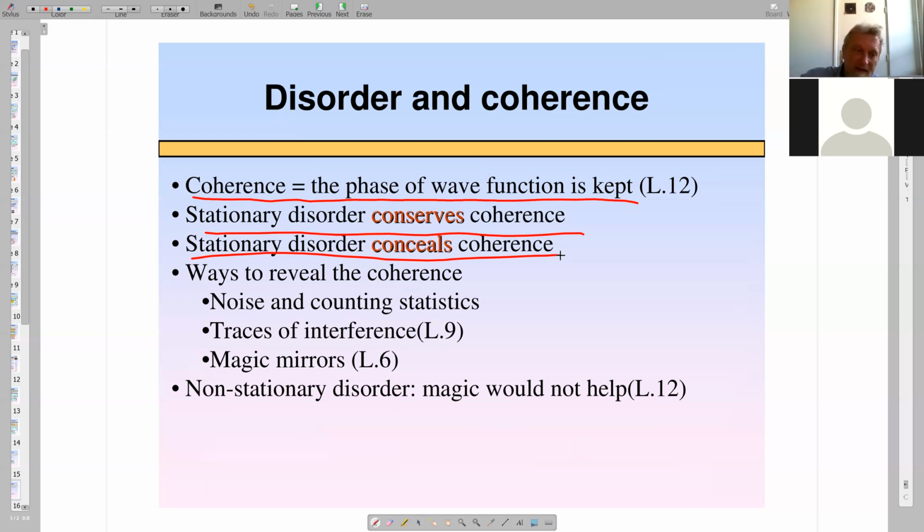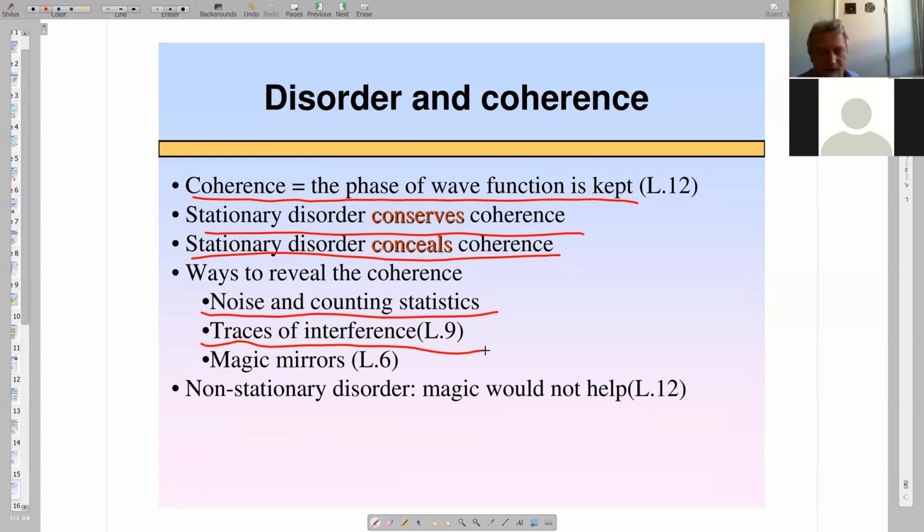One could look at the noise. As I mentioned, noise is very different, depends on quantum mechanical things inside the nanostructure. There are traces of interference, quantum corrections to conductance, which we'll describe in lecture number 9, where there will be a special lecture about these corrections.